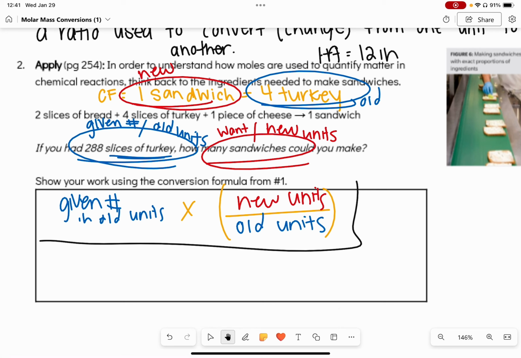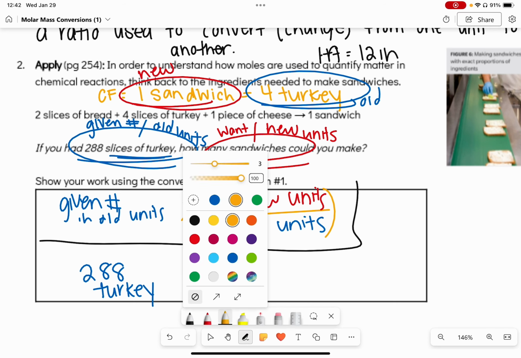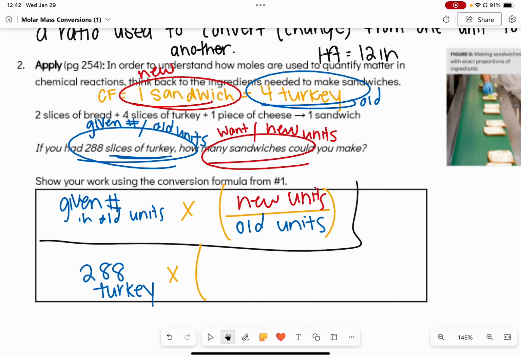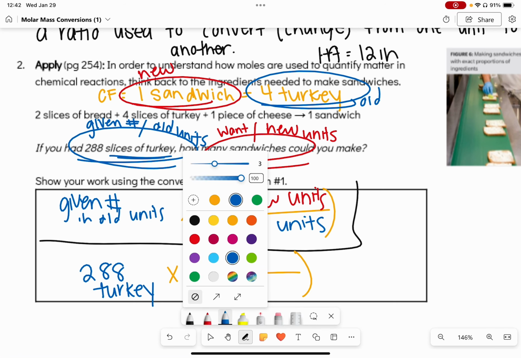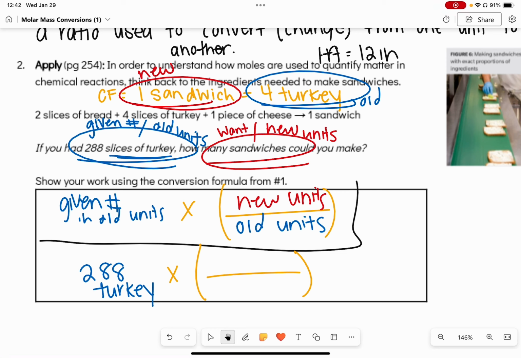Now we can take all of this information and set it up in the equation. So you start with your given number, which is 288 slices of turkey. And you are going to multiply it by your conversion factor. We're going to put our old units from our conversion factor on the bottom. So 4 slices of turkey.